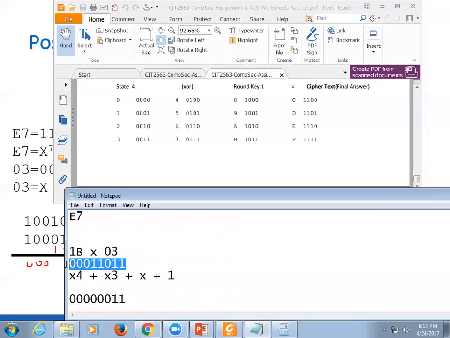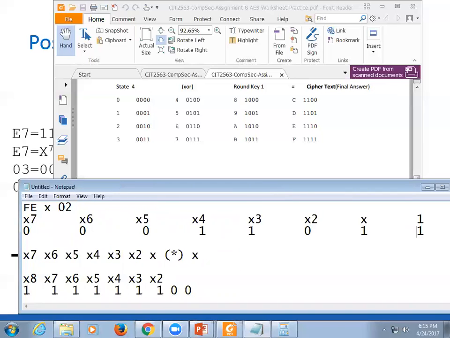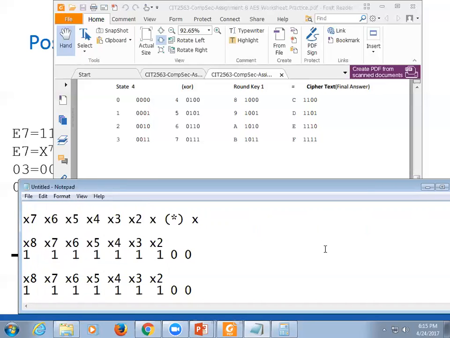Let me go put those in there for you. There's a 1 over there somewhere. That's how I converted it. So we ended up with an x to the 4th, an x to the 3rd, an x and a 1. So far, so good? Everyone with me?